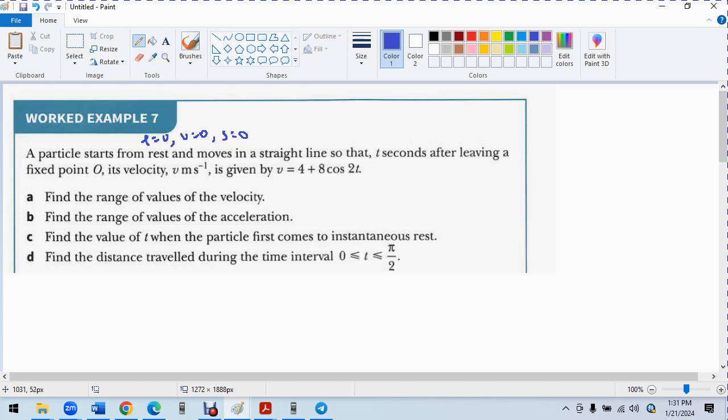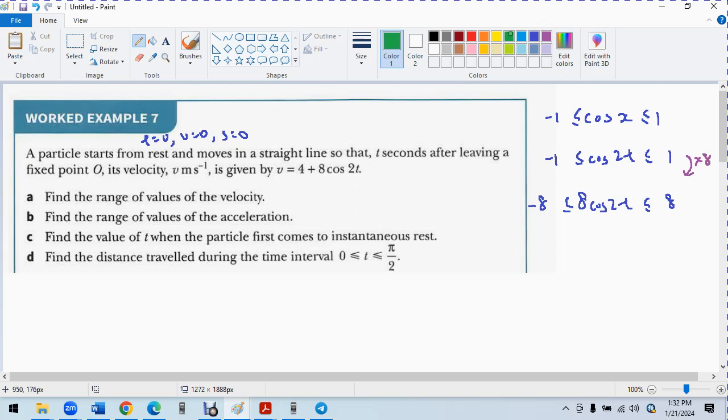Range, 4 plus 8 cos 2t. We know that cos x is between -1 and 1. So cos 2t will be between -1 and 1 as well. If we have 8 cos 2t, then it will become between -8 and 8. So we multiply 8 here.